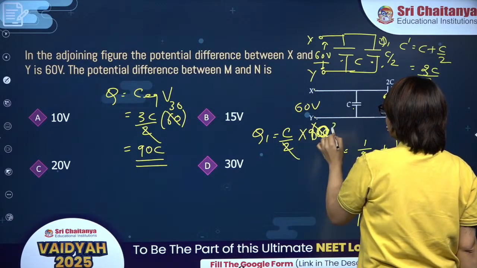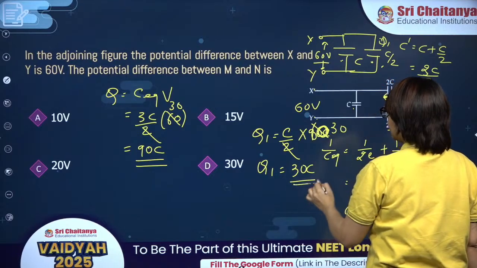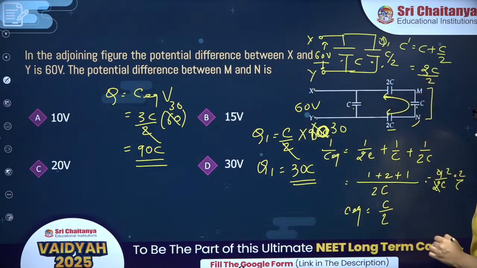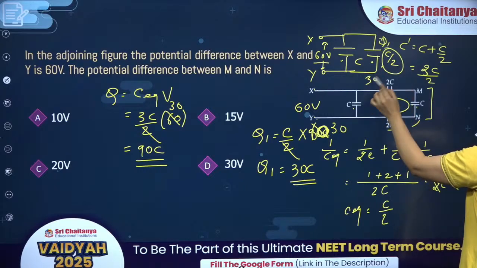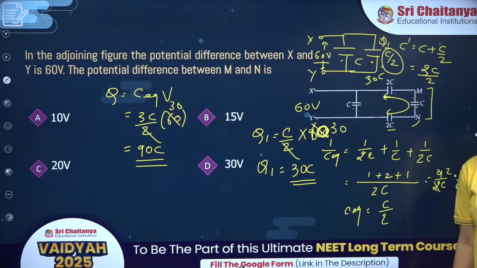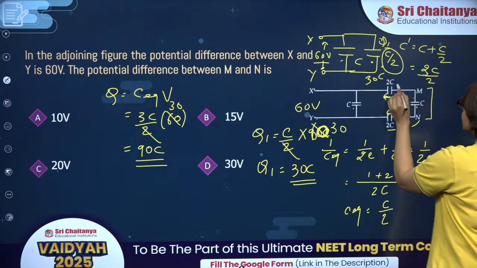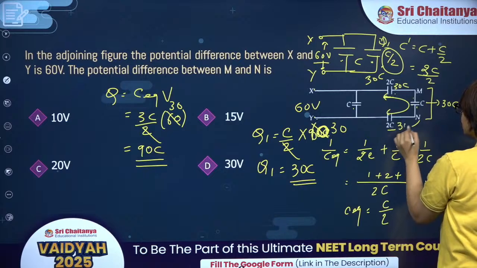So Q1 is 30C. That means the charge on this C by 2 is 30C. That means each and every capacitor in series will receive the same charge. So this will be 30C, this will be 30C, and this will be 30C.